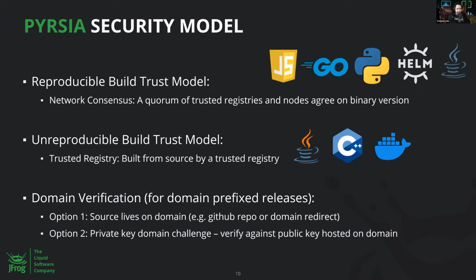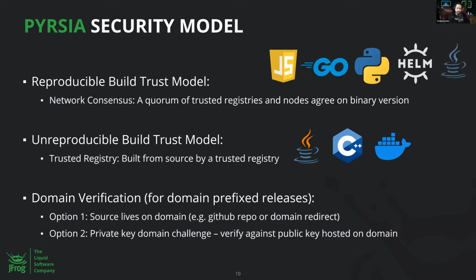For languages and technologies where there's not currently reproducible builds, or open source projects where they're widely used and they don't have a reproducible build, we'll have trusted registries with one of the member companies from the Linux Foundation who are supporting this project, and they'll do builds for different package technologies where it makes sense for them, and then put out trusted packages for folks to download.